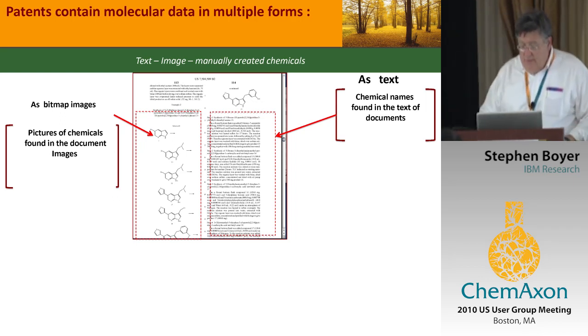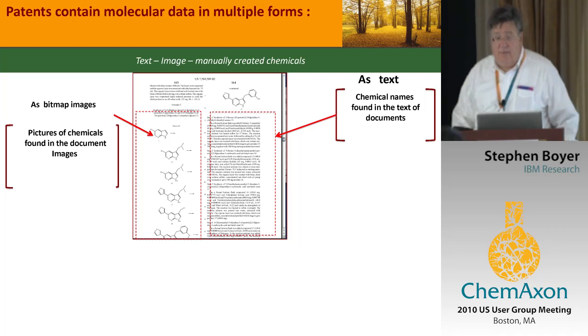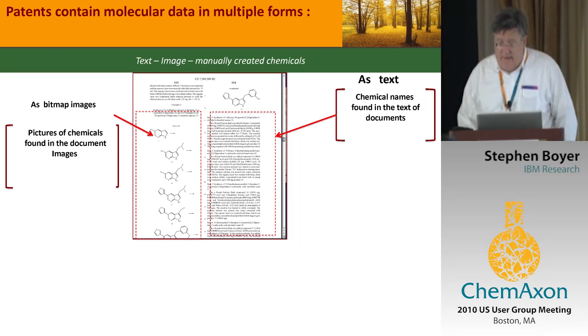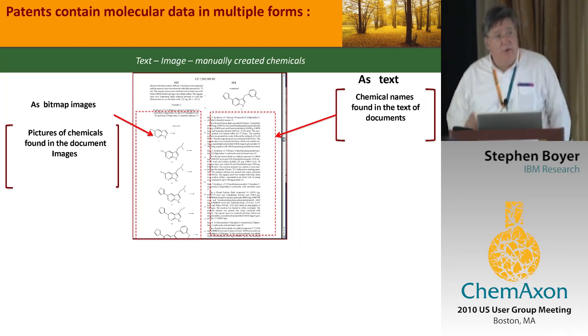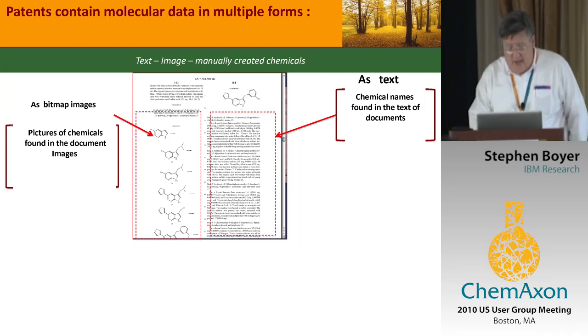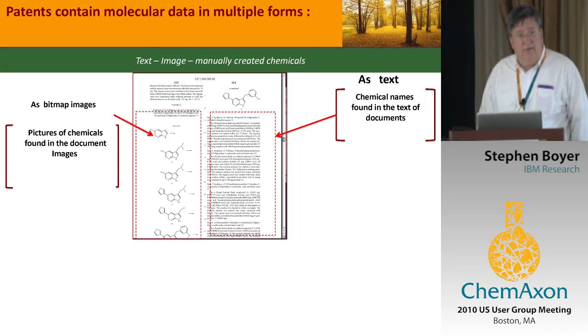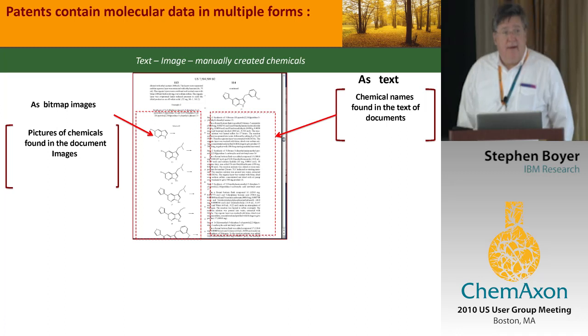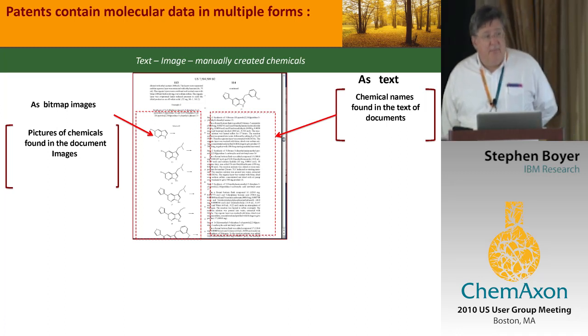And as you know, patents contain a lot of chemical information, and they contain it in different forms. One is as text, so there are a lot of chemical names contained within the text of the document. And the other is there are a lot of chemical images contained within the documents.